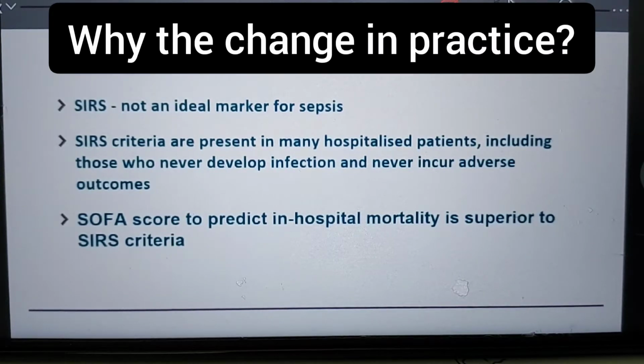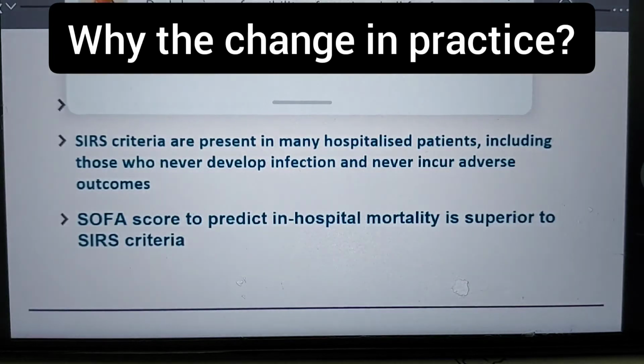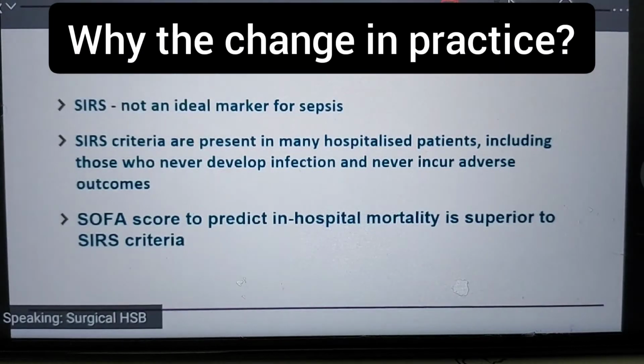SIRS criteria are also present in many hospitalized patients, including those who never develop infection and never incur adverse outcome. So the SOFA score used to predict in-hospital mortality is superior to the SIRS criteria. That's why we changed the practice from SIRS to SOFA score in sepsis.